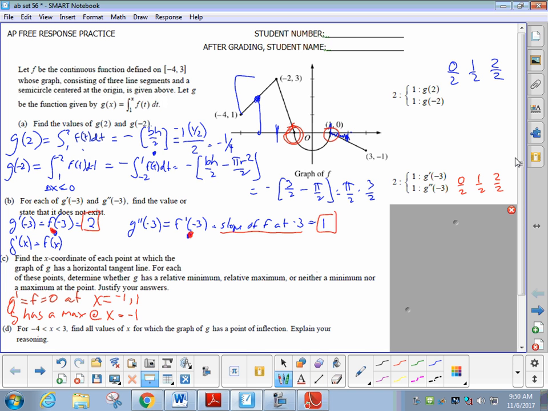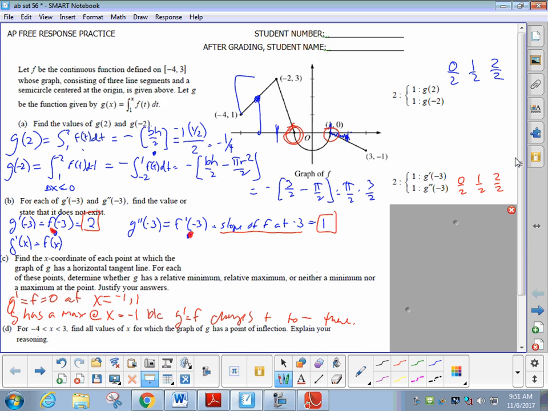G has a max at x equal -1 because G prime, which equals F, I already said it, but I'll just keep saying it, changes from positive to negative there. First derivative test by far is the easiest one. Okay, what about at 1? Neither. Why does G have neither a min nor max there? It doesn't change sign.